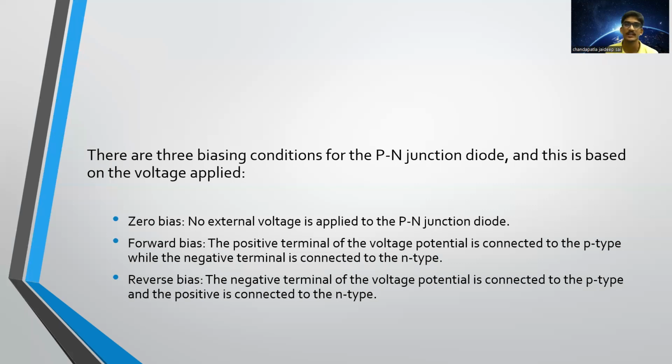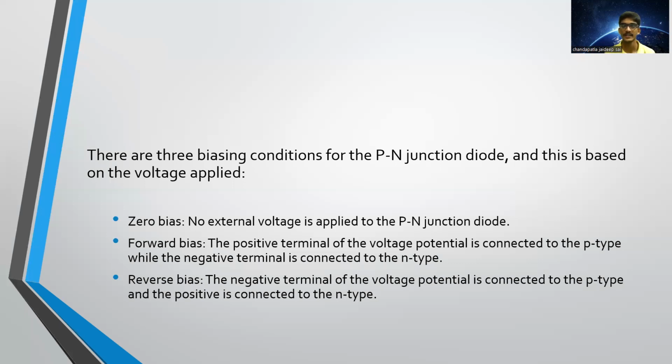As a result, the reverse biasing is formed. With this, we have completed all three different types of biasing. Let us remember that zero biasing is the condition where the PN junction is not connected to the voltage supply.